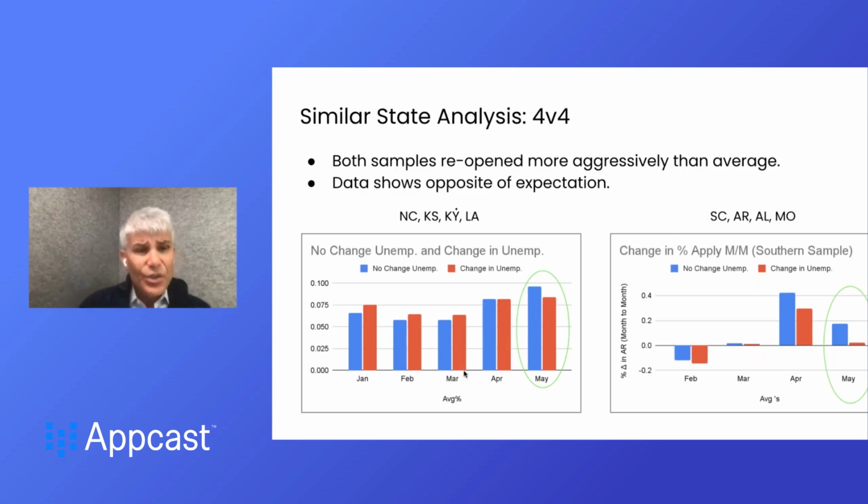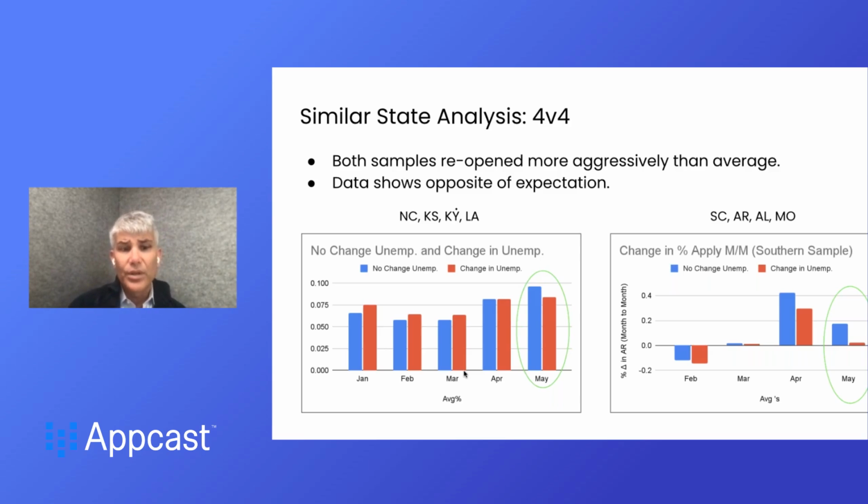So we said, okay, maybe there's a sample bias here. Instead of comparing the 25 to 25, where you've got New York and California in one group, and North Dakota and South Dakota in a different group, and those are very different states, let's have a cohort of states that are more similar and compare what happens.